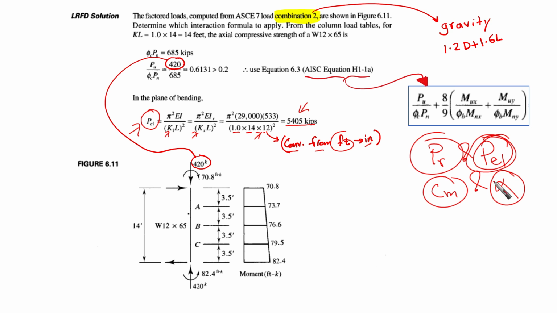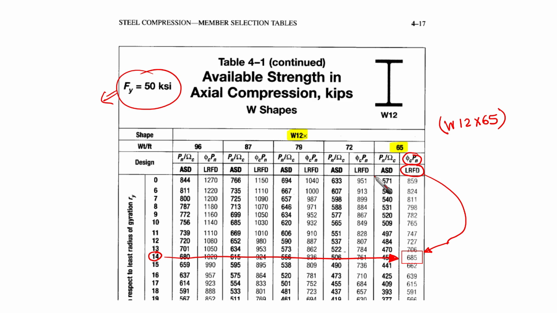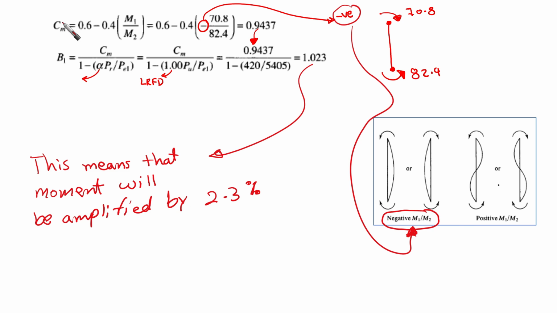Then let's go now and obtain Cm. What is Cm for us? Cm equals, from the equation that I explained a few slides ago, 0.6 minus 0.4 times M1 over M2, right? Let's concentrate now. We have M1 and M2.